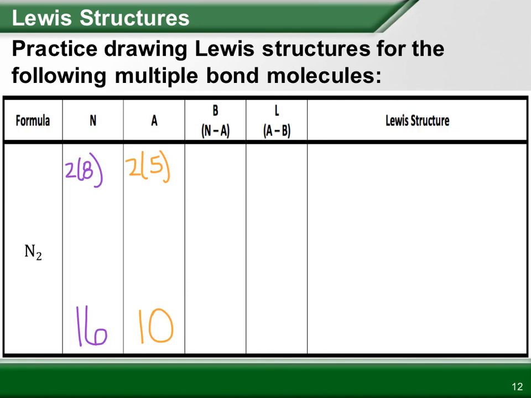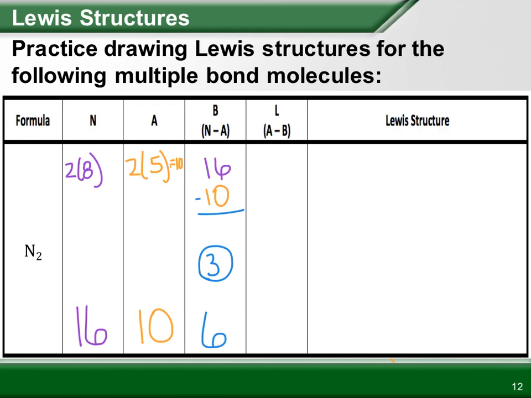Since I only have the 1 element involved, there's really no addition, so I'm just writing the numbers down on the bottom. I'm going to take the 16 and subtract the 10, and that will give me 6 electrons involved in 3 bonds.